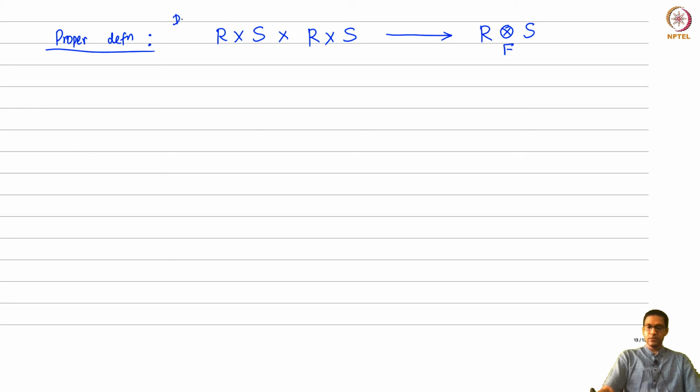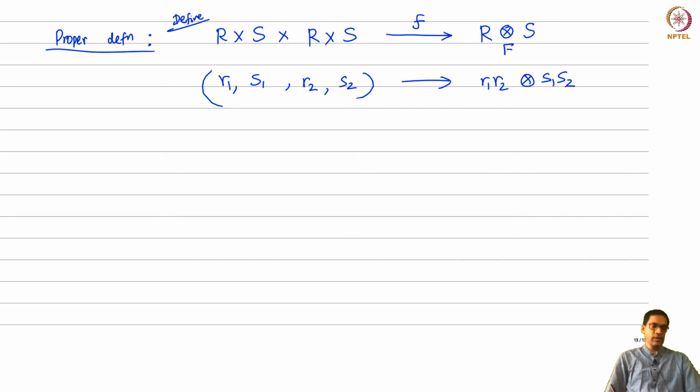Okay, so let's define a map F as follows. What does F do? Well, it takes a tuple R1, S1, R2, S2 and maps it to R1 R2 tensor S1 S2. So I can always construct this map.